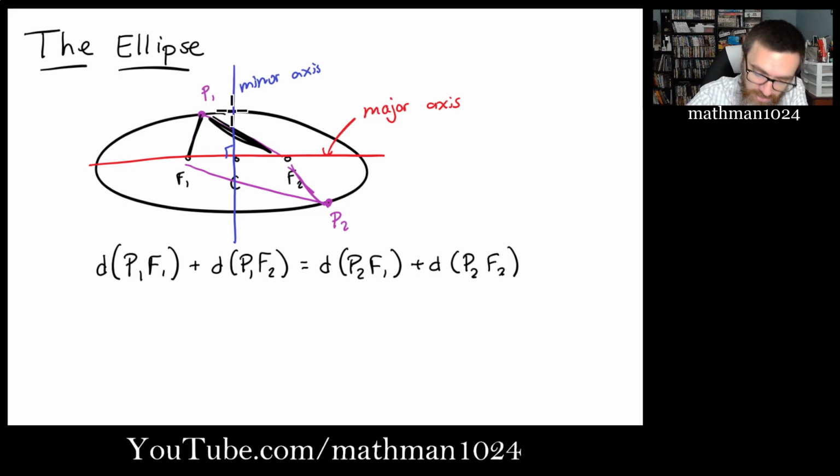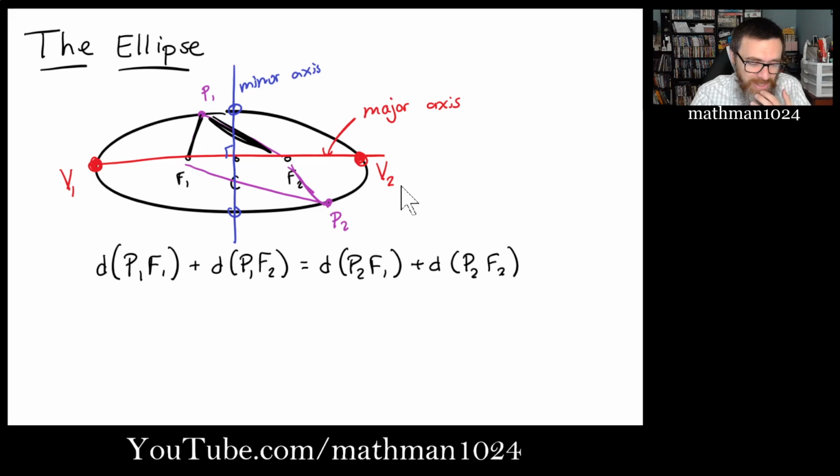It's really just going to be from end to end, from where it intersects with the ellipse. But the minor axis is going to be perpendicular to the major axis, and it's going to go through the center. Also, the points where, again, this is a very rough drawing, the points where the major axis intersects the ellipse are called your vertices. So vertex 1 and vertex 2. All right, so it's a basic idea about what's going on here.